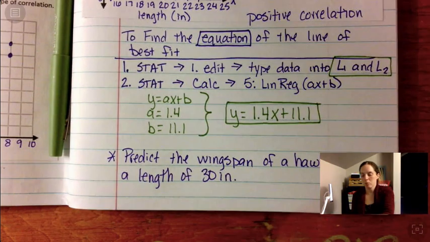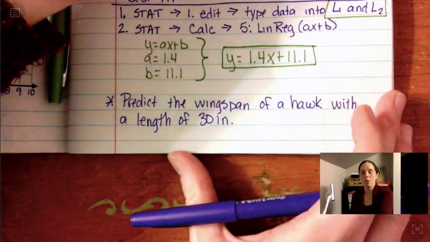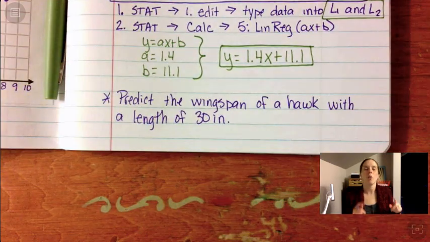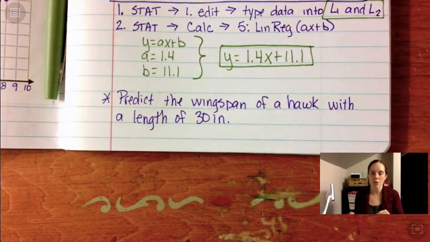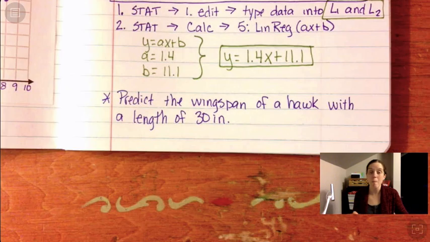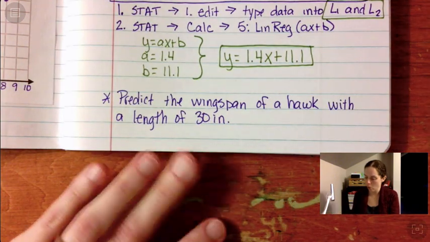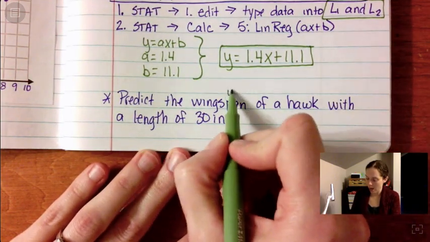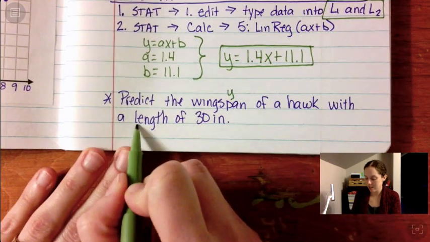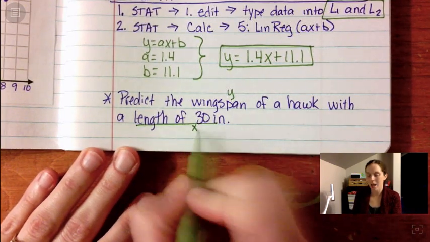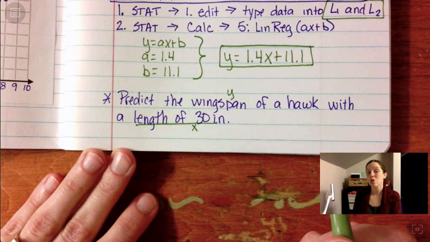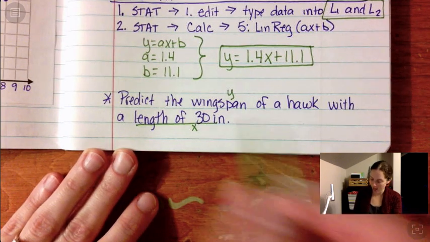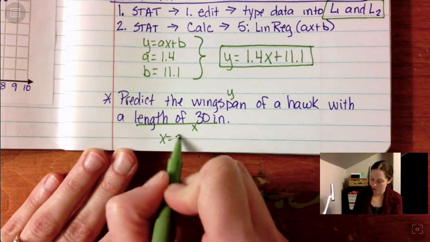Okay, so, sorry, you can't see that. We're going to predict the wingspan of a hawk with a length of 30 inches. Remember, wingspan was the y and the length was the x, right? So I know that x is 30.